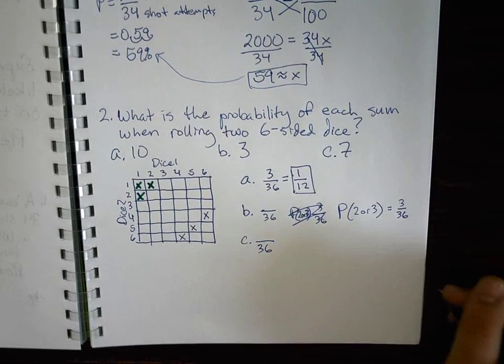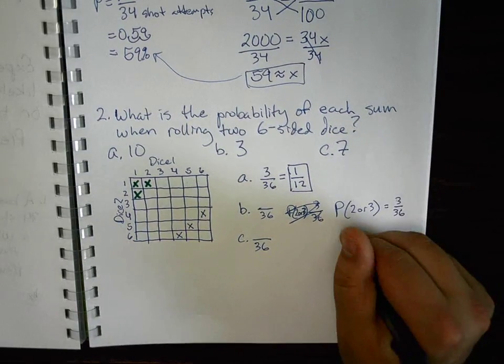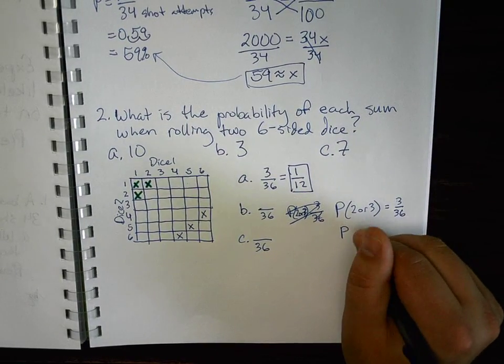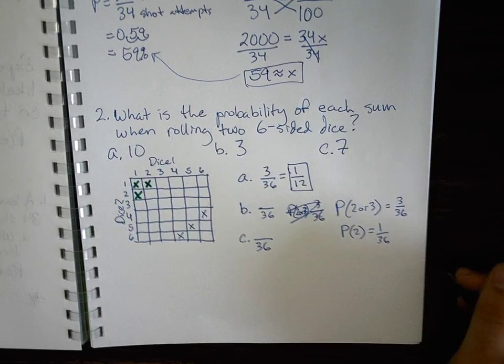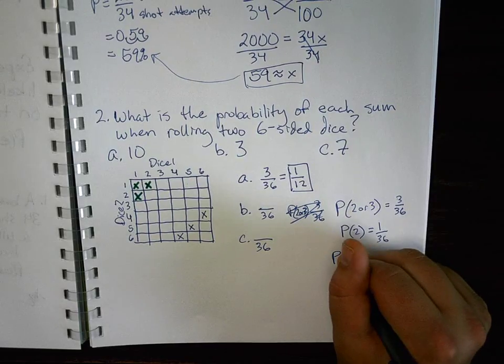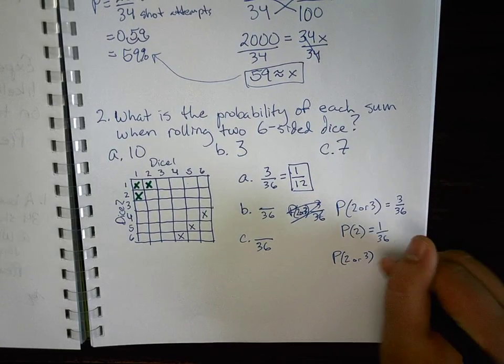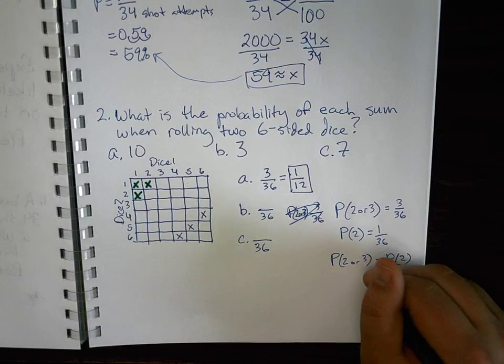But we don't want this 2 in here, the probability of a 2. So we're going to figure out the probability of a 2 independent of that. That's just 1 over 36, right? And so then we subtract the probability of 2 or 3 minus the probability of 2. And that's going to give us 2 over 36.